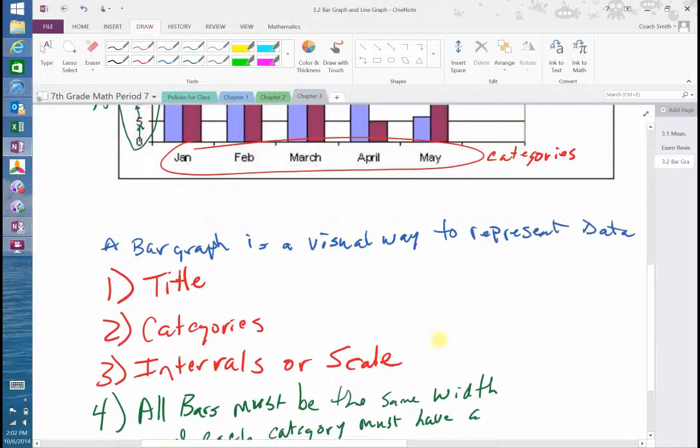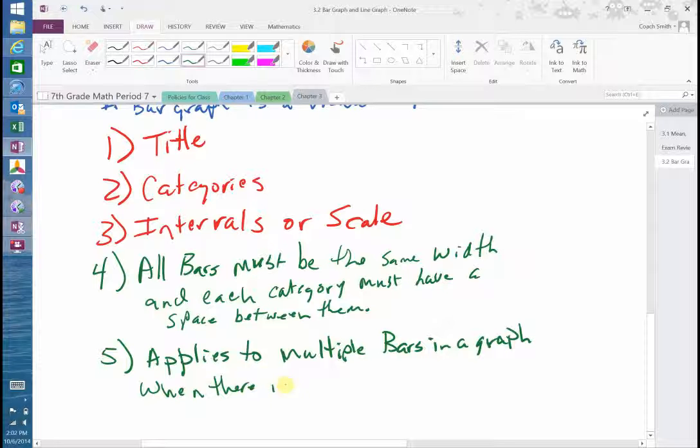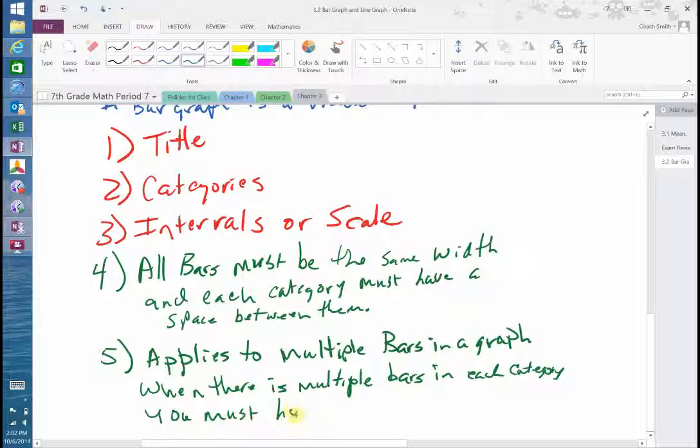So when there are multiple bars in each category, you must have a key or legend.